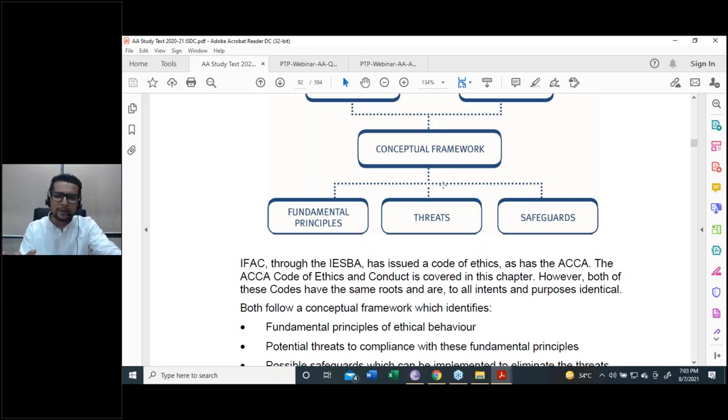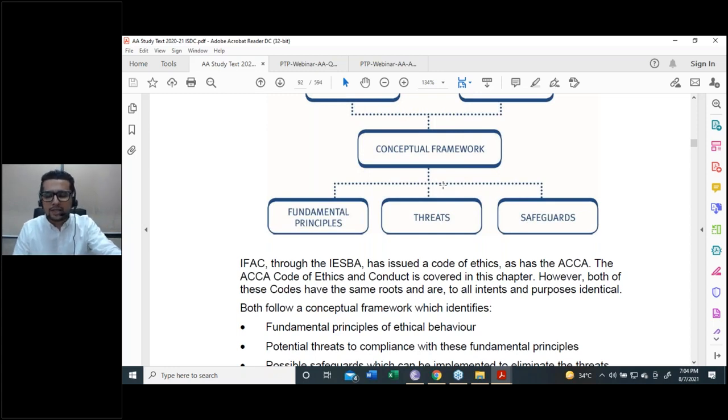In any syllabus, even if you are attempting SBR, advanced audit, or audit and assurance, if ethics is in the study guide, you should consider it one of the most important topics, because ACCA examiners love to test it. They want to build you as a final professional accountant, an ethical one. So they are going to test it at every place.